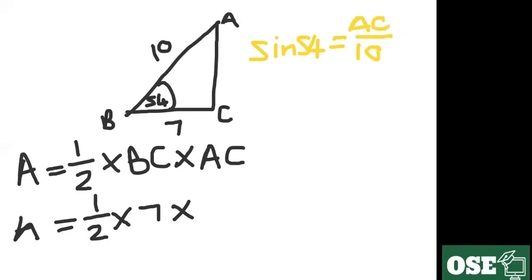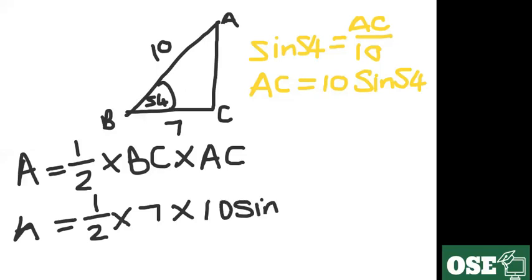So when you make AC the subject of the formula, you get AC is equal to 10 sine 54. So therefore, we just substitute 10 sine 54 here. Please calculate. Everyone, please calculate.